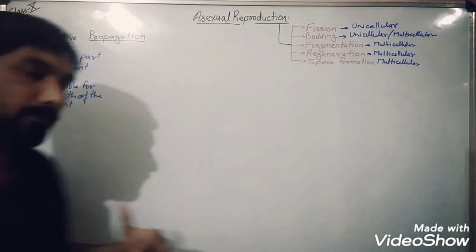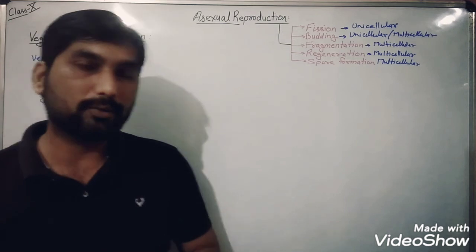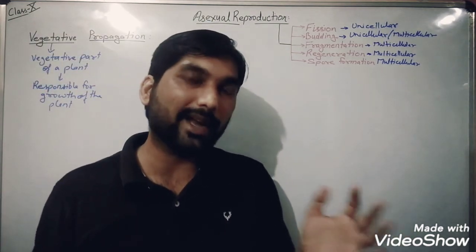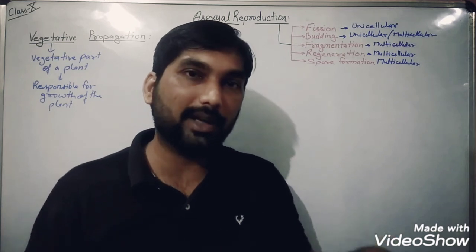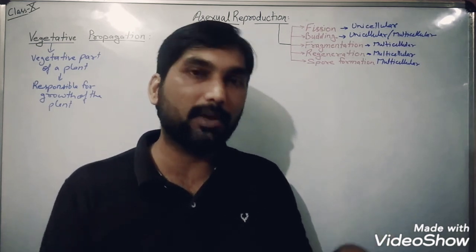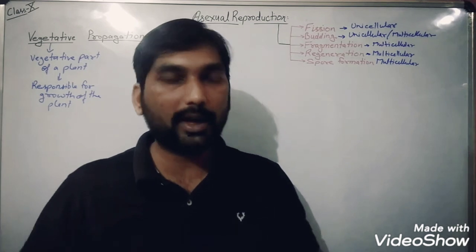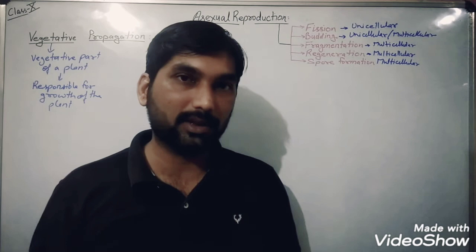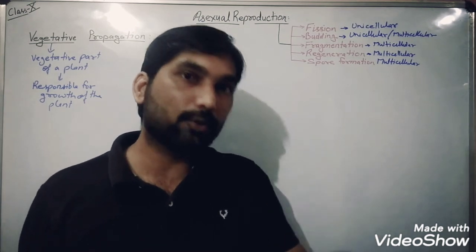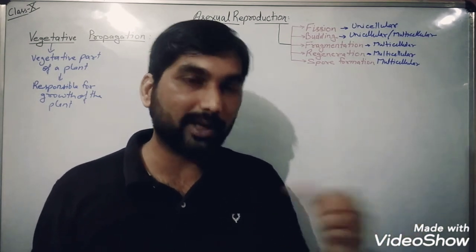If we consider the plant body parts, we see root, stem and leaf. If the roots are growing and developing well, they will anchor the plant firmly in the soil, and they will also absorb more and more water and minerals so that the plants can perform photosynthesis. It means if the roots are growing, the growth of the plant will also take place.